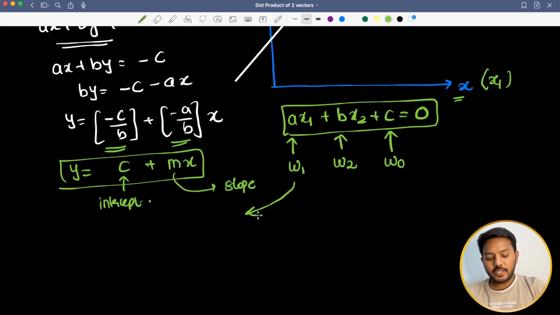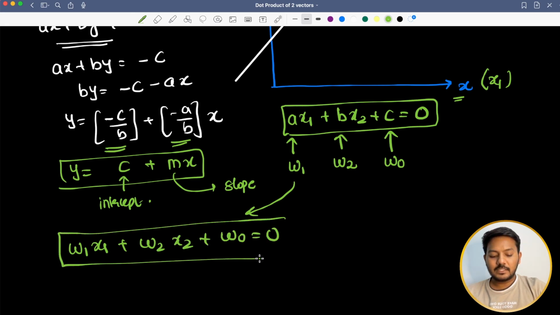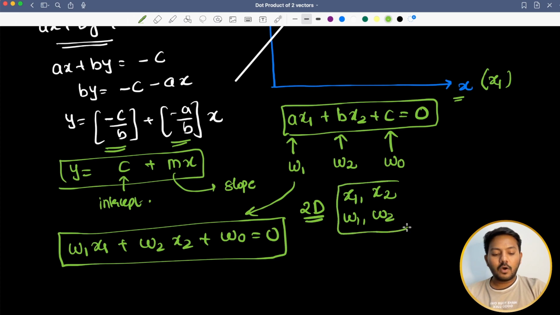So my final equation would become w1x1 plus w2x2 plus w0 equal to 0. This is the equation of a line in 2D, in which we have axes x1 and x2 and the components w1 and w2. You will learn in detail why we are converting into w1 and w2 in later videos, and w0 is a constant value. So it is in 2D.